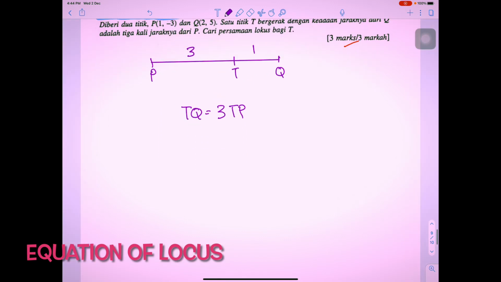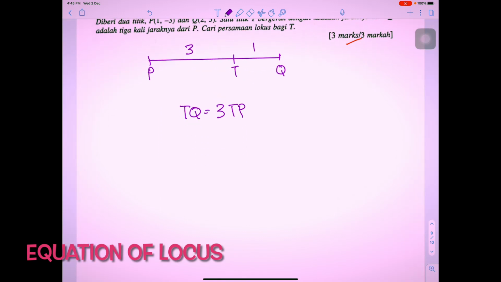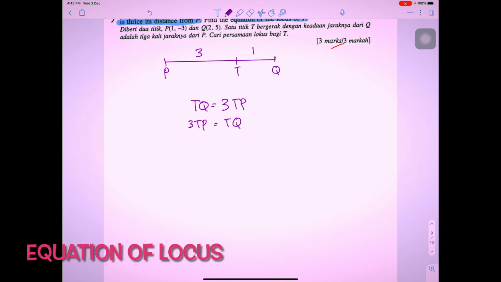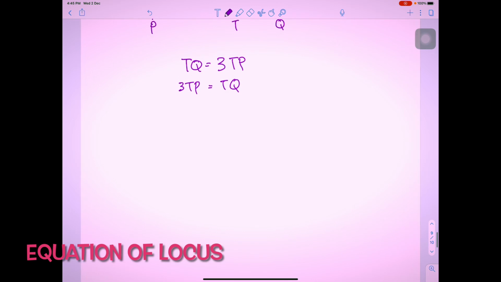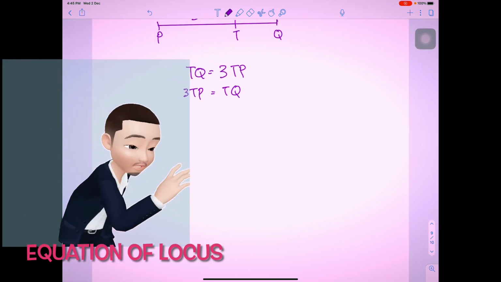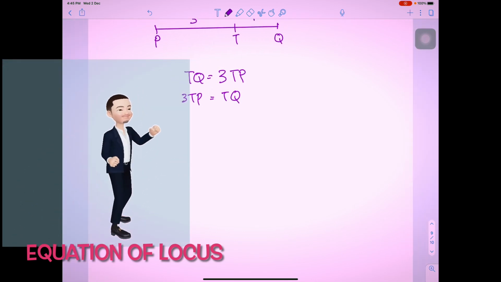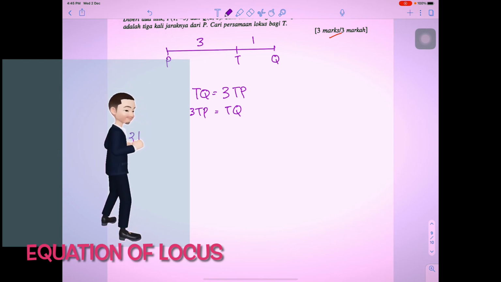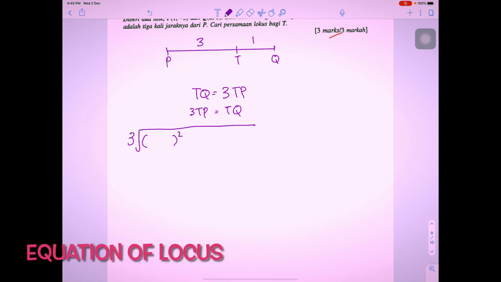Okay, so we change it to 3 TP equals TQ, so that it is easy for us to solve using the big bracket method. So now 3, square root, and then we do the first frame plus the second frame, equals square root, and then x, the first frame plus second frame, bracket squared, and then fill in the bracket.